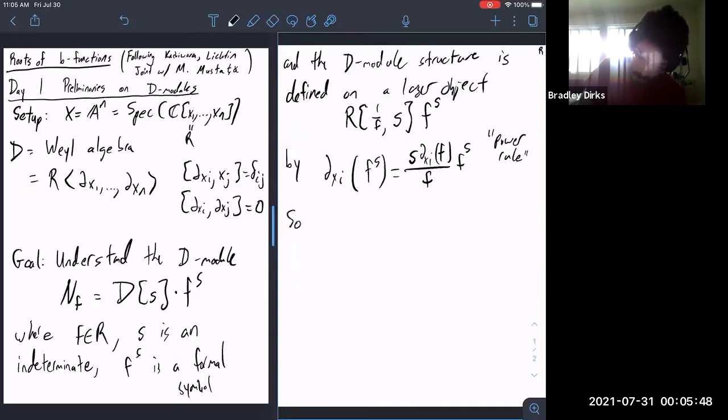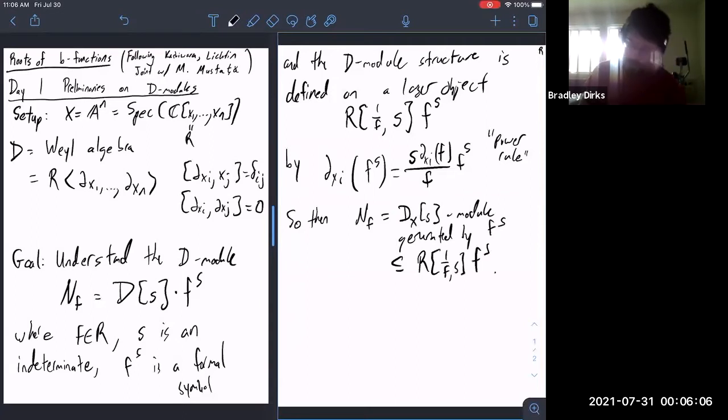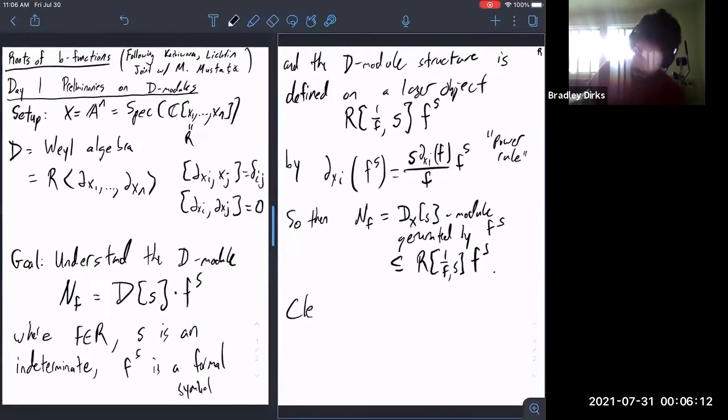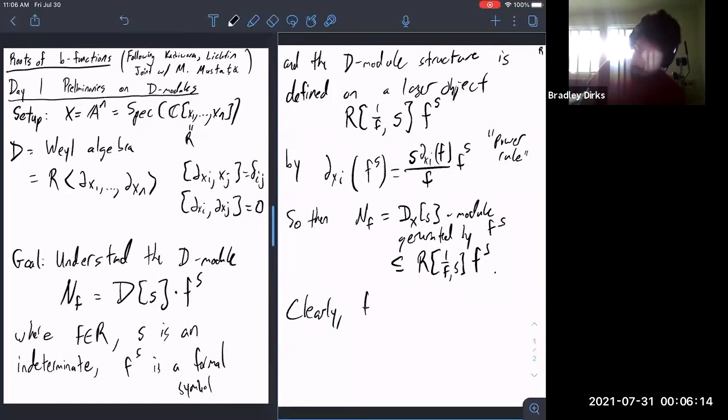Then N_f is the D[s] module generated by f^s, and it sits inside of R[1/f][s] f^s. Clearly this is finitely generated over D[s].